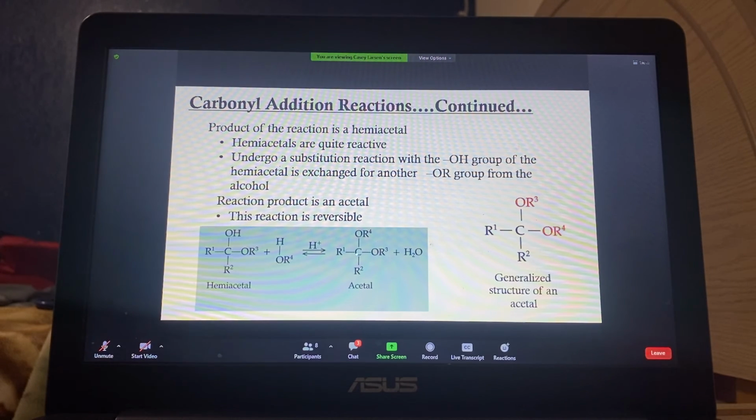And so the generalized structure of an acetal is right here. What's different than the hemiacetal is that the acetal has two ethers attached to the same carbon.